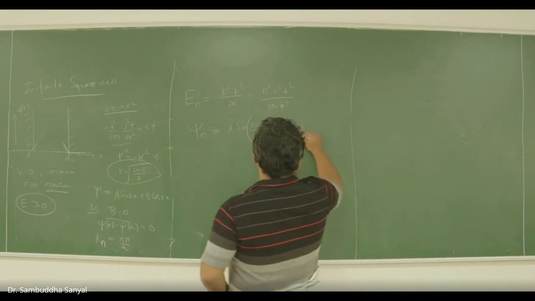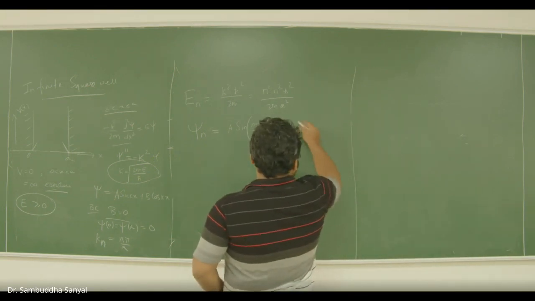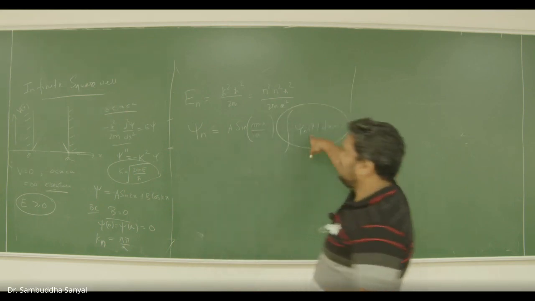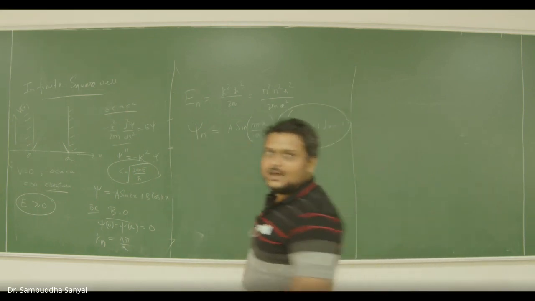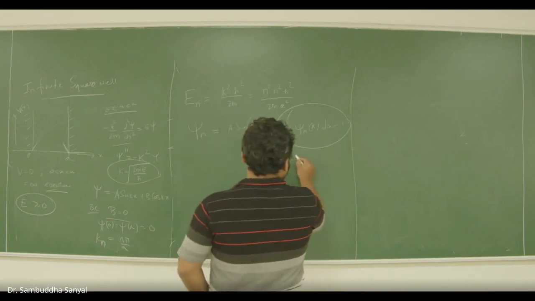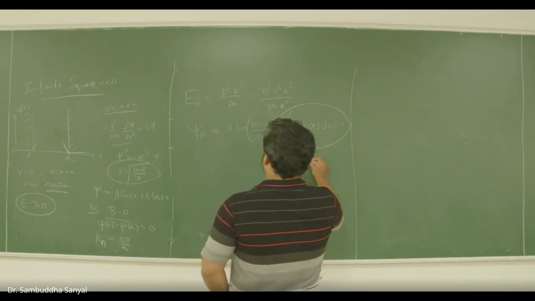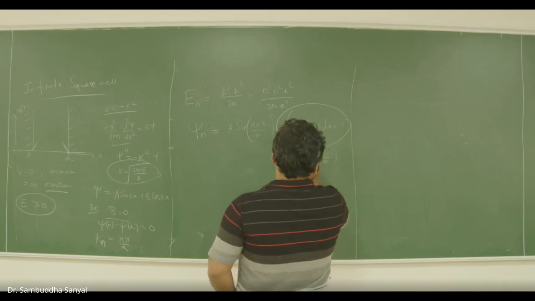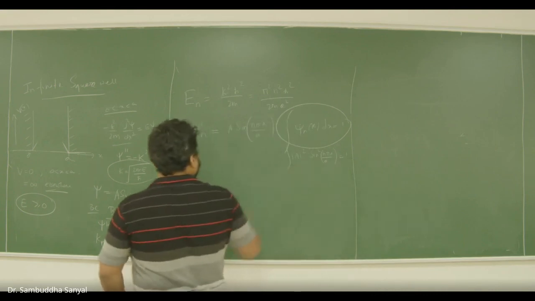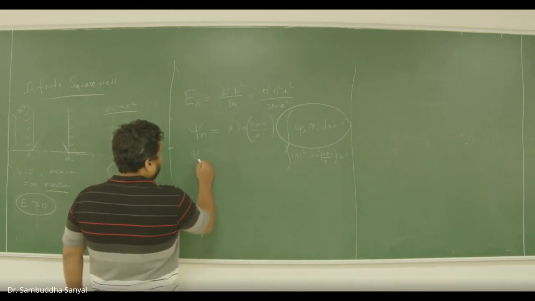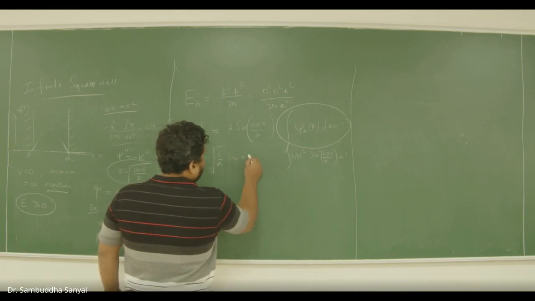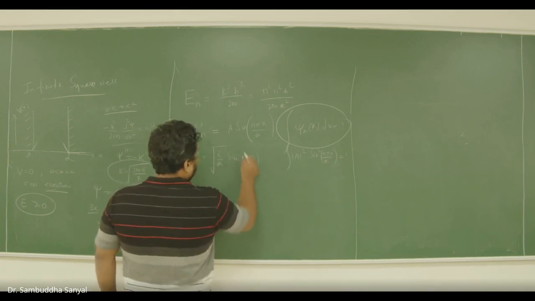And it must satisfy the normalization condition, because this is a probability, and if you put that in, you'll find the value of A that satisfies this. So you have to do this integral, the integral of A² sin²(nπx/a). Solve this, you will get a value of A², and that will give you root 2 by a sin(nπx/a).